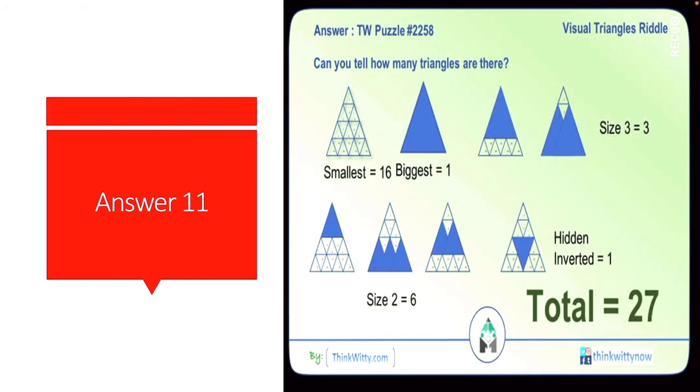Next, if you add 2 small triangles, it becomes one big triangle. Like that we have 6 triangles altogether, and there is one hidden inverted triangle. So in total it is 27.